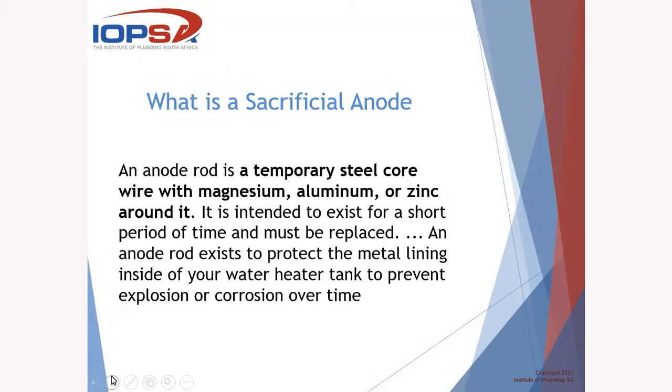An anode rod exists to protect the metal lining inside your water heater tank to prevent explosion or corrosion over time. So we all know that water and metal won't sit around a campfire. So what is the purpose of the anode?